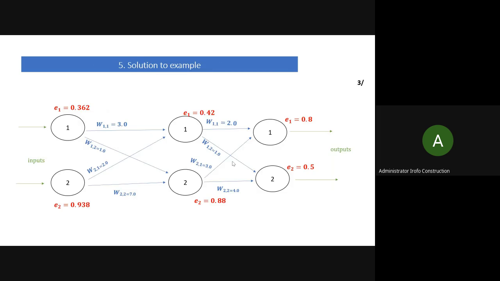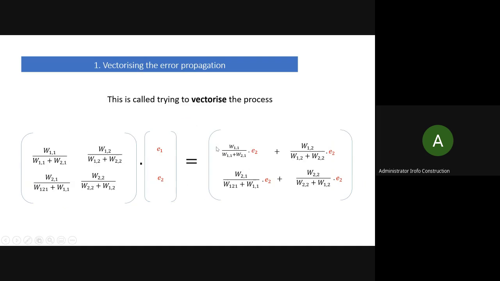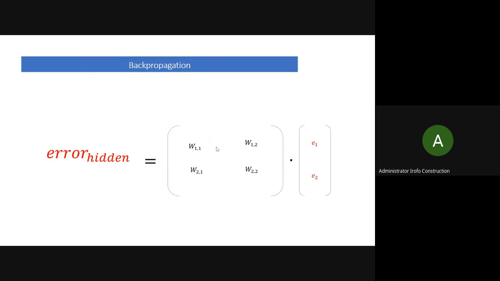So when you look at the diagram here, you can see the error coming to this node here is this W11 and W12. So that's why you see those two weights here on the same row, W11 and W12, because they are all going to one node. And that one is also going to a different node.